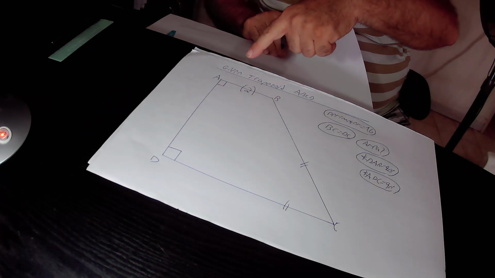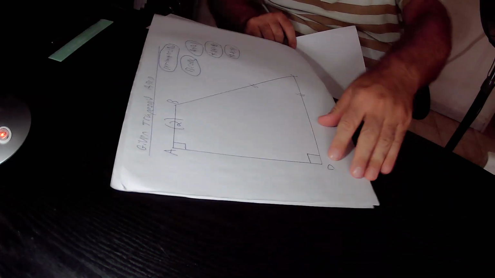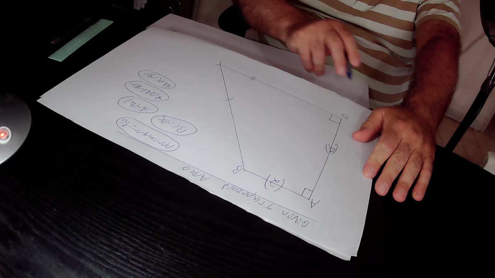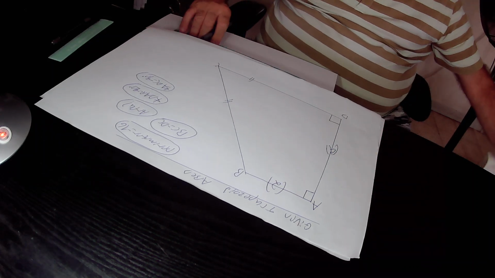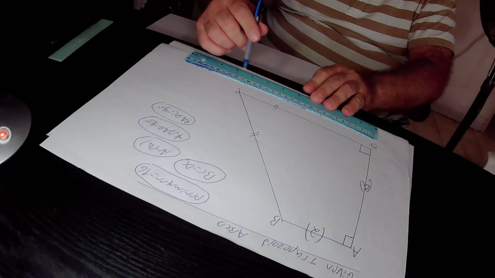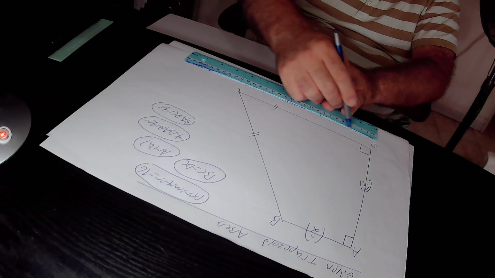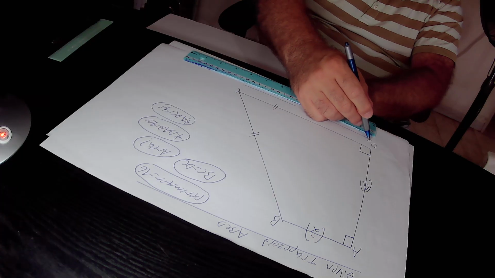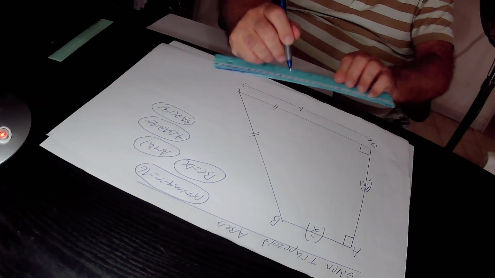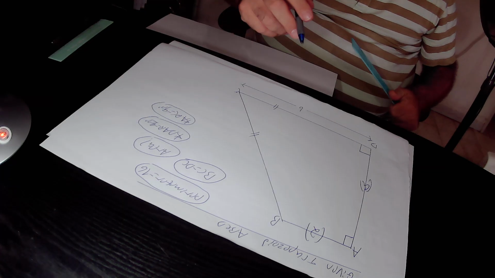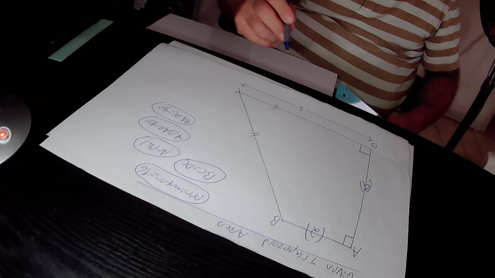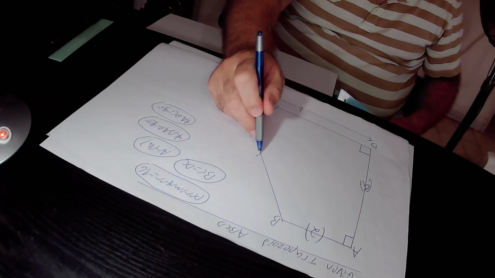We define the length of side AD as A, and we define the length of side DC as B. Because BC equals CD and CD is B, therefore BC must also be equal to B units in its length.